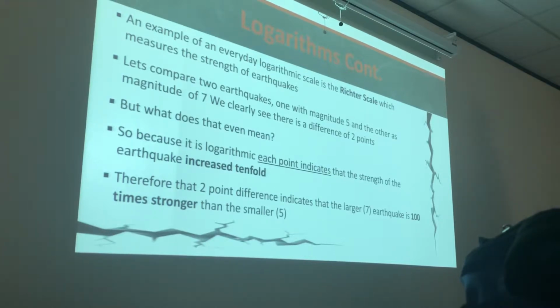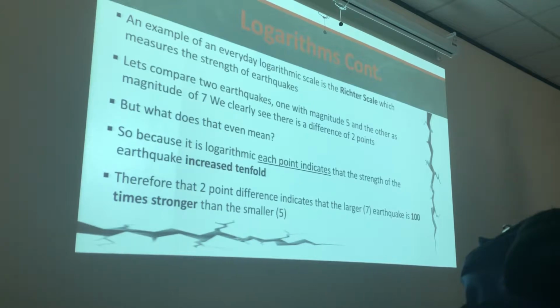Remember, a logarithmic number is a comparison, meaning we need the initial and the ending. So we compare 2 earthquakes. I like the example the book gives, one with a magnitude of 5 and the other a magnitude of 7. The difference between those two numbers is 2, since 7 minus 5 is 2.